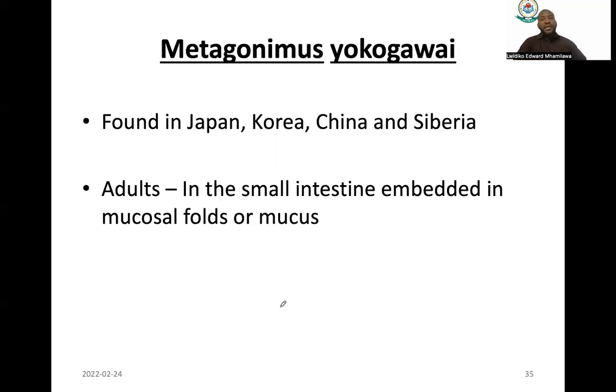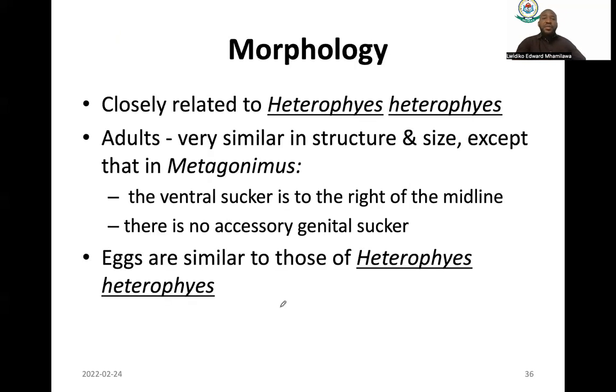Metagonimus yokogawai, as I said, is also found in similar places as Heterophyes. And the adults are in the small intestine, embedded in the mucosal folds or the mucus. Because they're very small, they have similar structure and size, except that in Metagonimus yokogawai the ventral sucker is to the right of the midline, right?